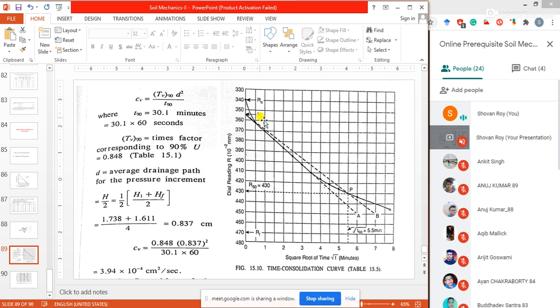You can see the actual consolidation curve is not straight; due to the nonlinear behavior of soil it gives irregular values, which do not produce a balanced result, and it is very difficult to find our actual value from this non-linear curve. So we have corrected it, and for that purpose we have drawn one tangent line to this curve portion.